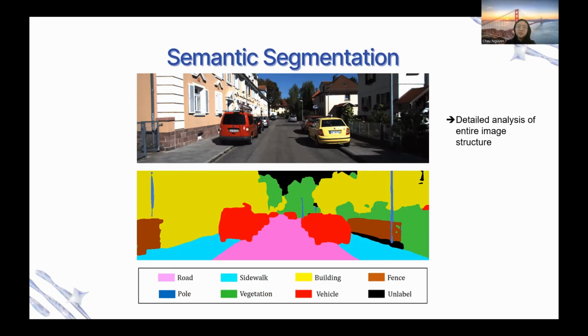For instance, we want to know that this red blob and this red blob are of the class vehicle, but we want to know that it's two different instances of the same class, right? And so how do we tell that there are two different instances of class vehicles?